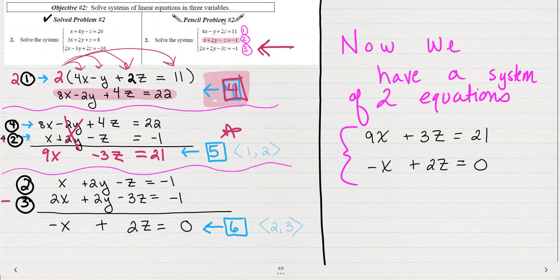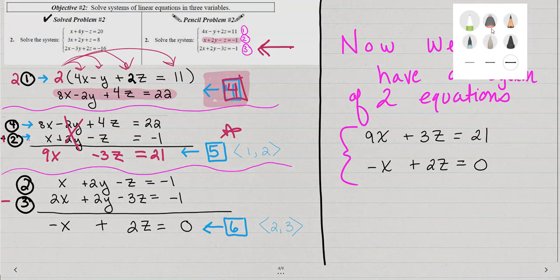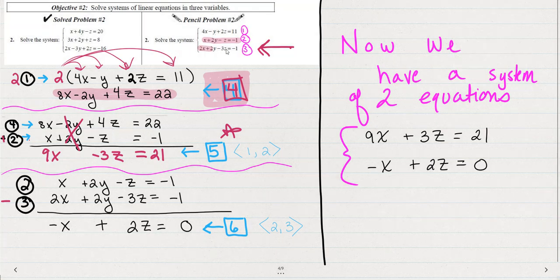When I look at the equations, I can see that both equation 2 and equation 3 have a coefficient of 2 in front of the y. So I could subtract those equations from each other, take equation 2 and subtract equation 3, for example, to eliminate the y's, and that's what I'm going to go ahead and do.